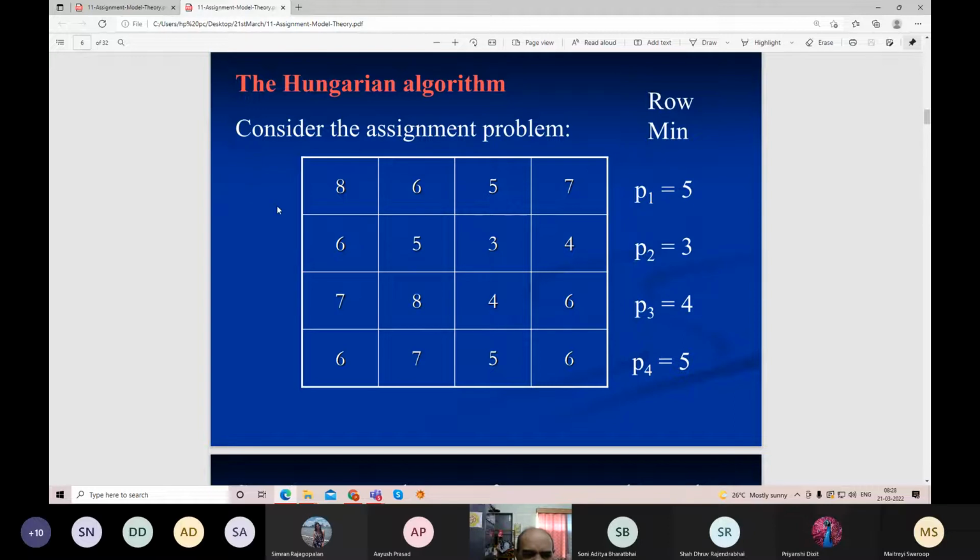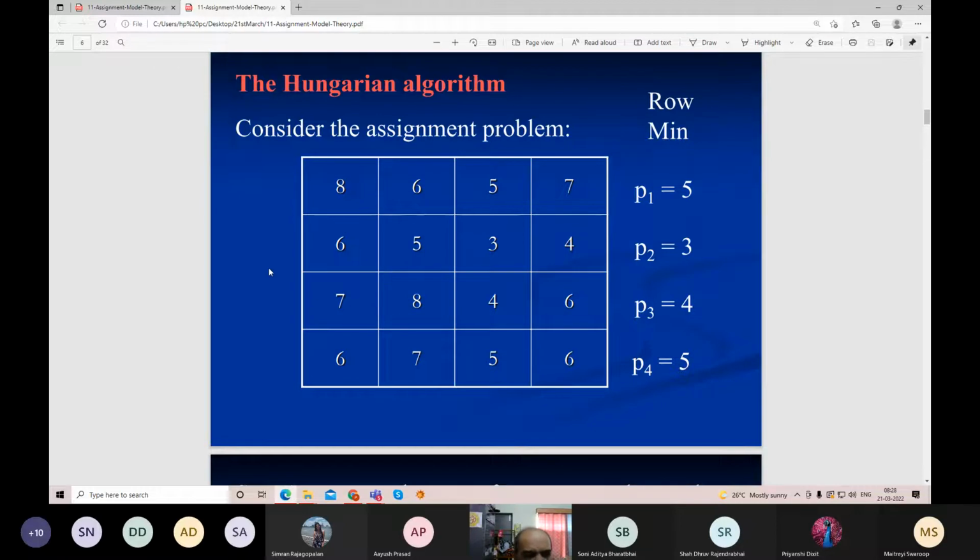So ideal means, we must assign only one worker to one job. So we will assign the first worker to job 3 because he takes minimum time to complete the third job. Because among 8, 6, 5, 7, 5 is minimum. So he's taking the least time, that is 5 units.